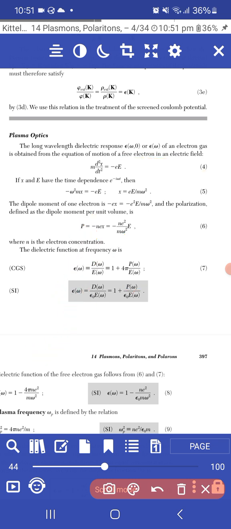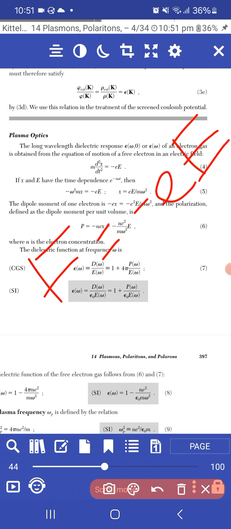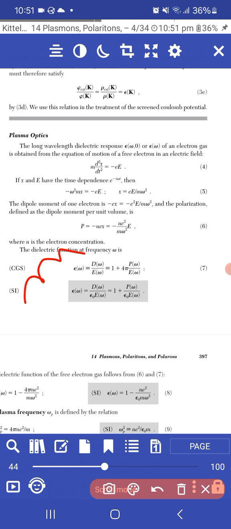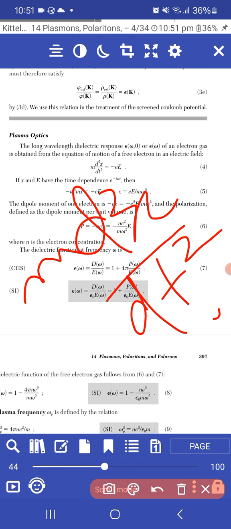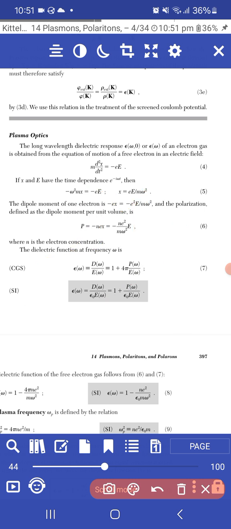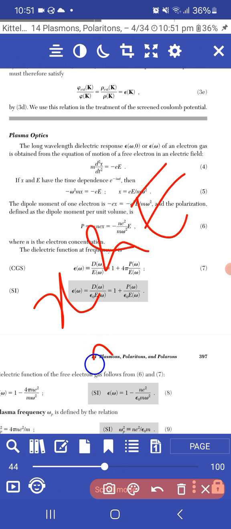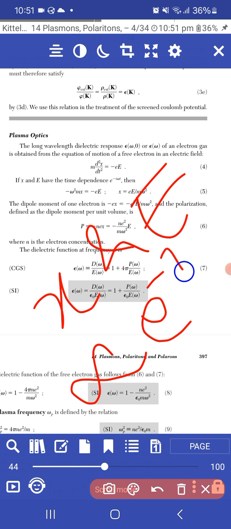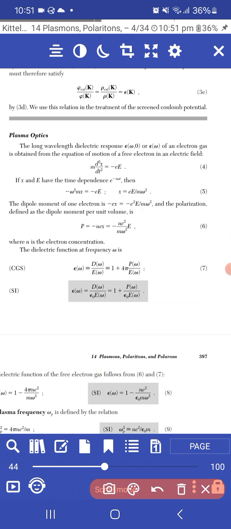For a free electron, the force is equal to minus eE, which is written in place of force as m d2x by dt square. If x and E have time dependence e to the power minus i omega t, then we get this equation.